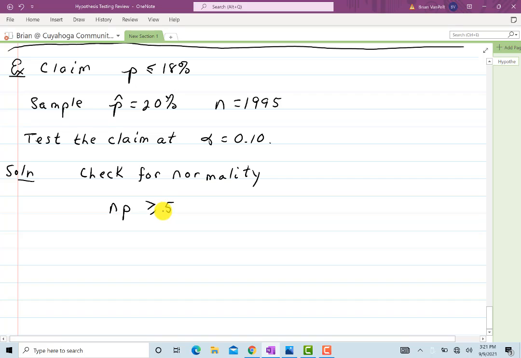Well, the N that I had was 1995, and the P that I had was 0.2. It's probably not a bad idea to convert all of your answers to decimals unless you like working with percentages on your calculators. So for this one, I get 399.